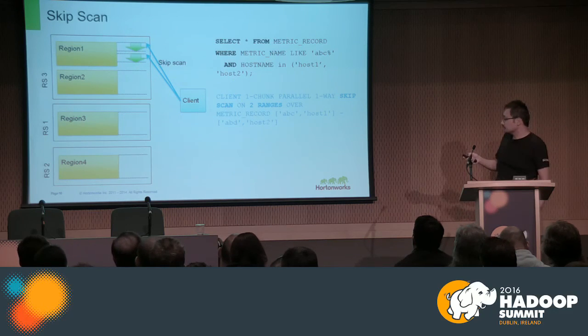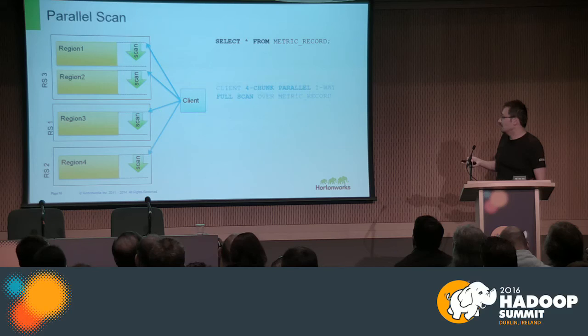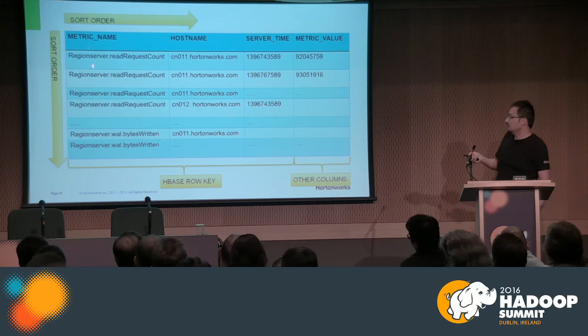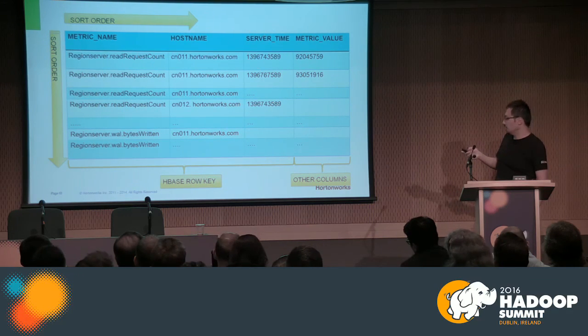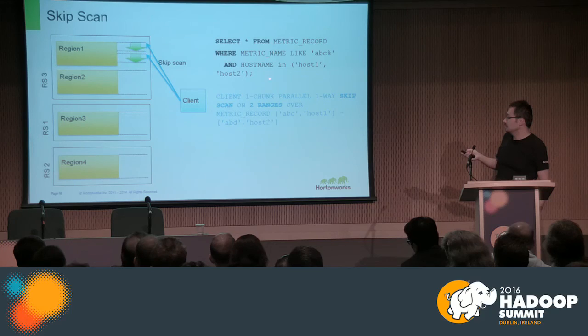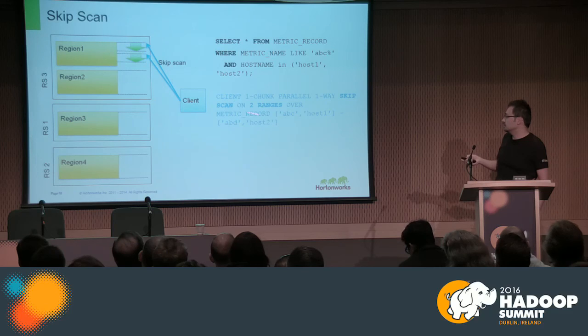So remember in this example, everything is sorted by the metric name first, host name second, and server time third, right? So the skip scan will skip to the first ABC host 1 from the server side, and then it will only scan as long as we are still matching in this range.